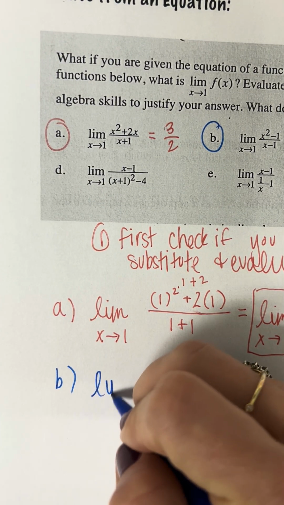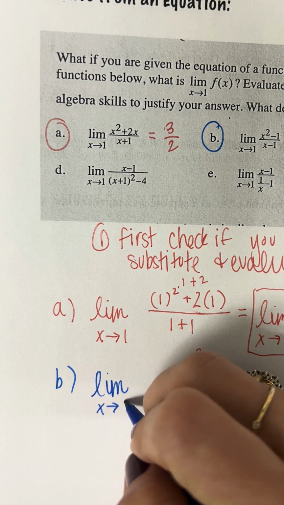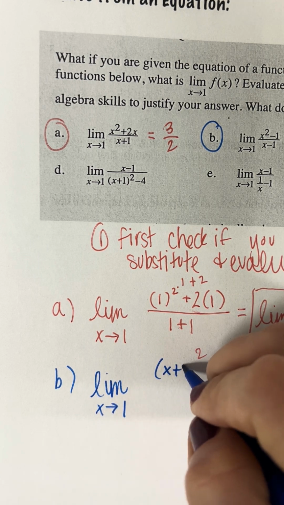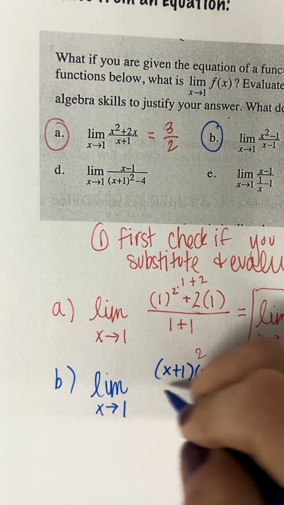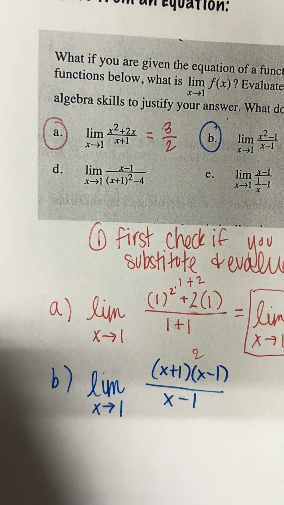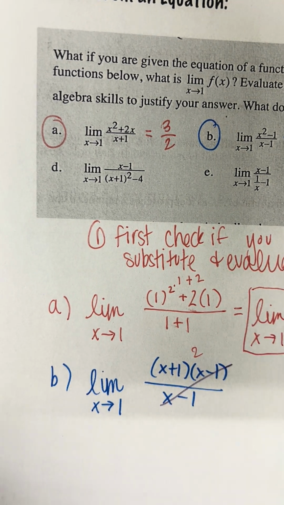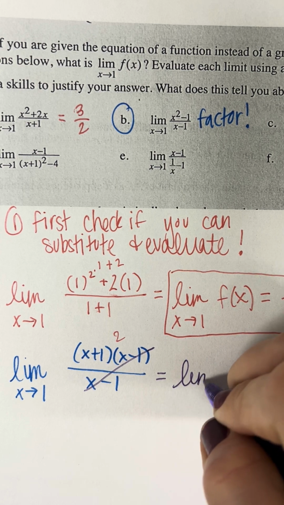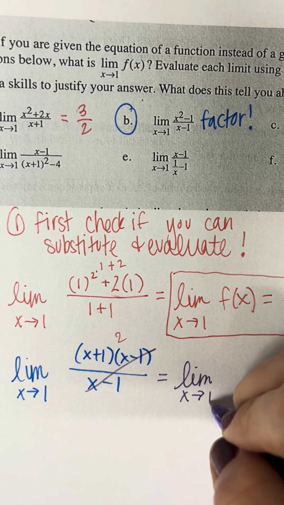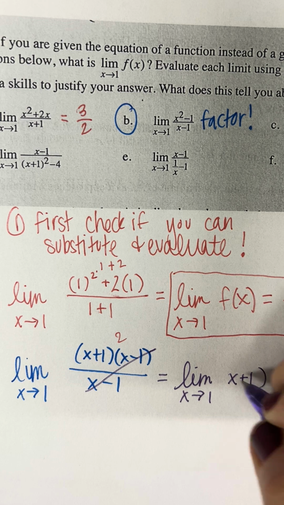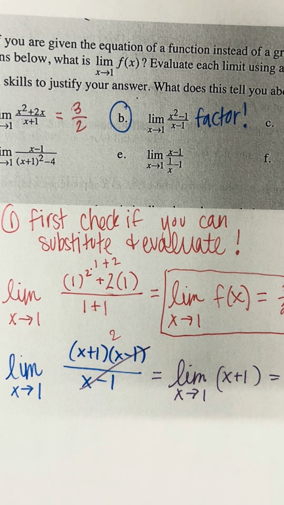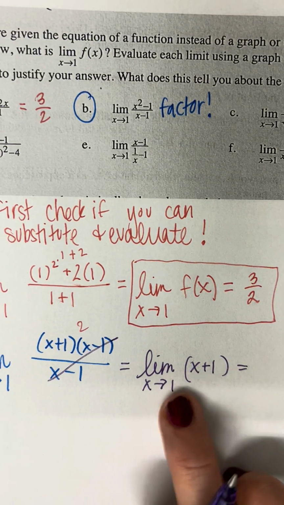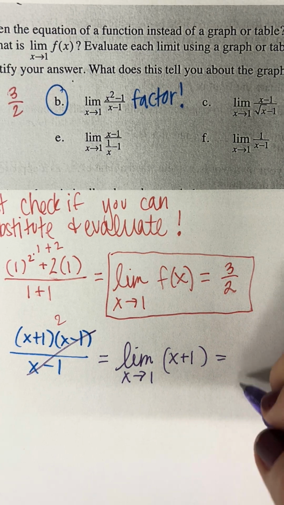So limit as x approaches 1, I'm going to rewrite it with my difference of squares on top. And then I have x minus 1 on the bottom. I can cross out my x minus 1s. And so I'm going to do a limit as x approaches 1 of x plus 1. And then if I substitute 1 in right there, hopefully you can see that's just going to be 2.